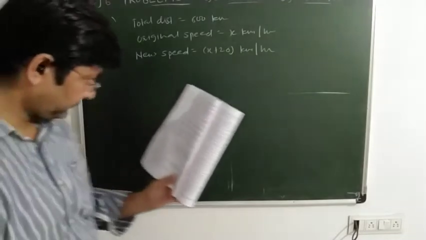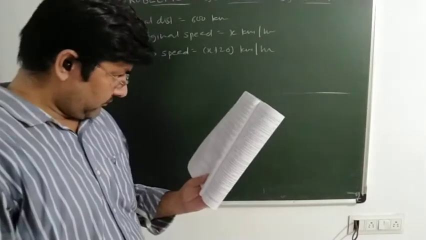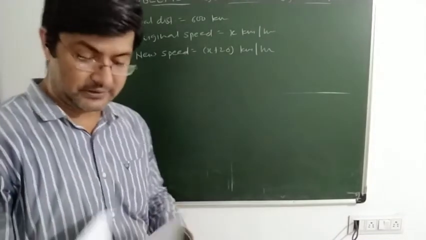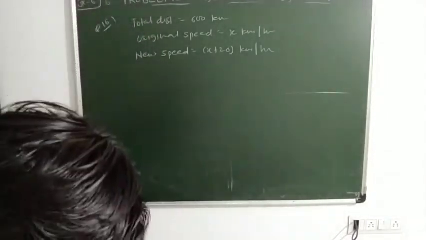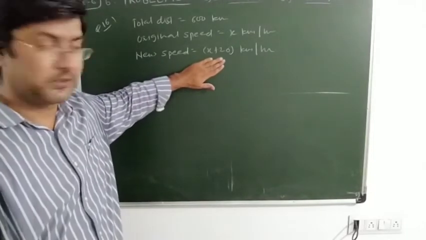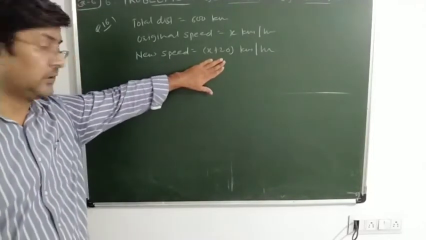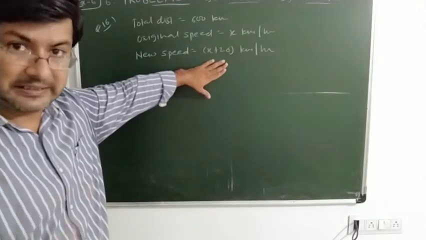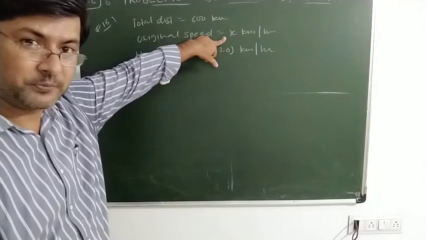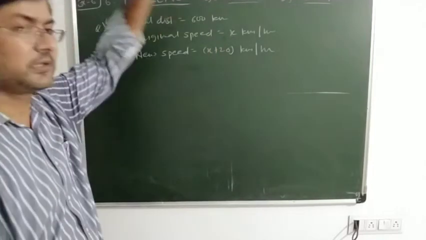Okay, now the time reduction is 5 hours, means the time taken now at a speed of x plus 20 kilometer per hour is 5 hours less than the time taken at a speed of x kilometer per hour to cover 600 kilometers.